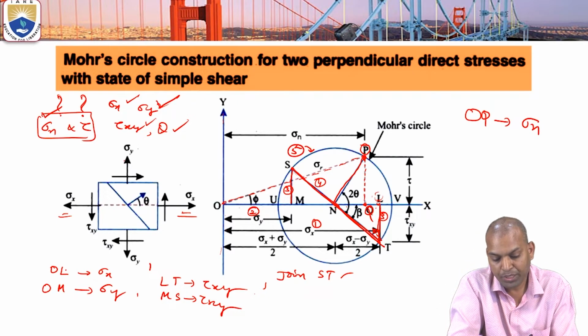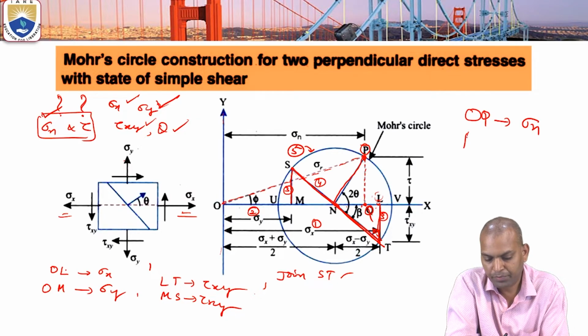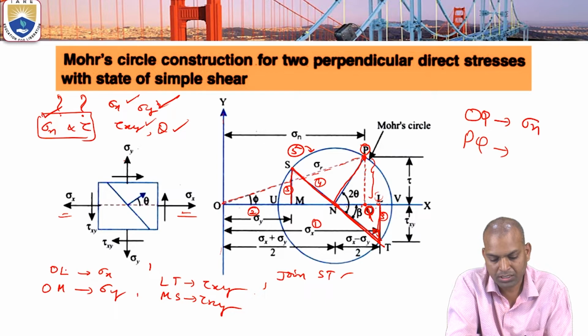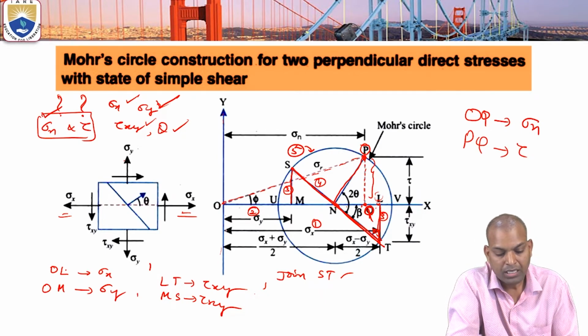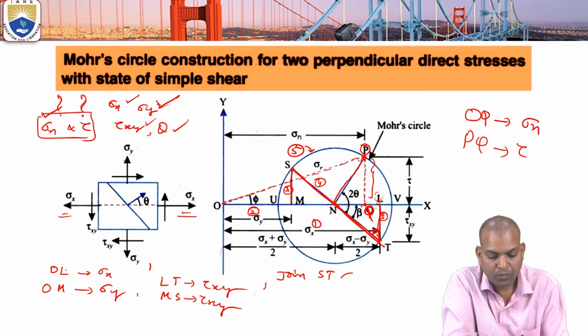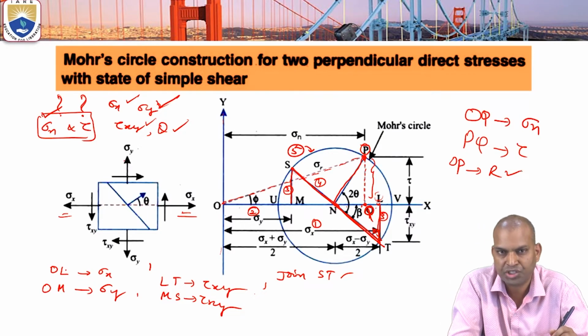And measure the vertical distance PQ, from point P to point Q. This distance gives the value of the shear stress. And the diagonal distance from O to P gives the value of the resultant stress.